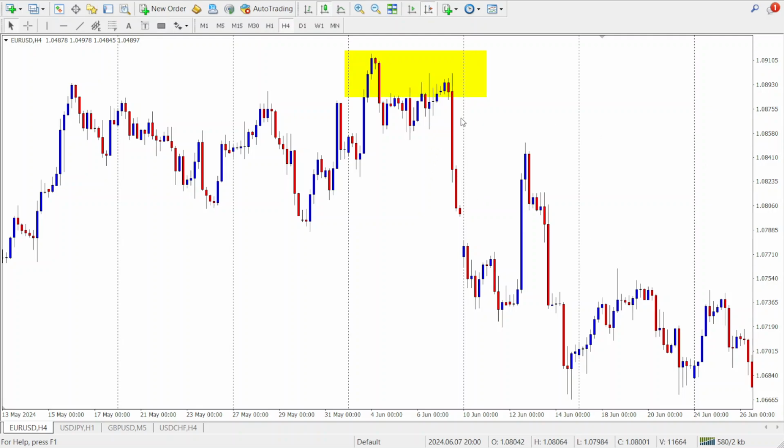A valid order block is usually the last bullish or bearish candle before a significant price movement.